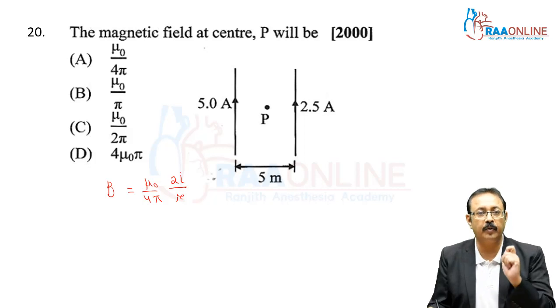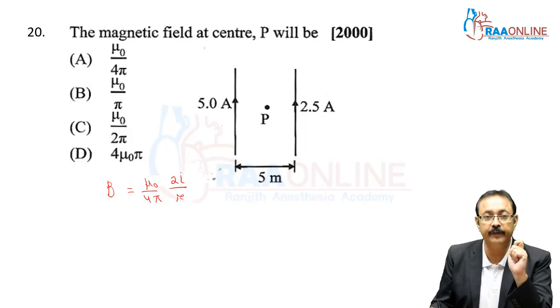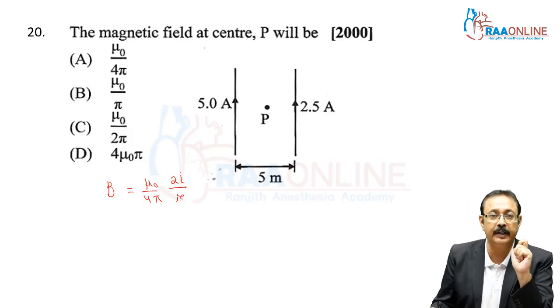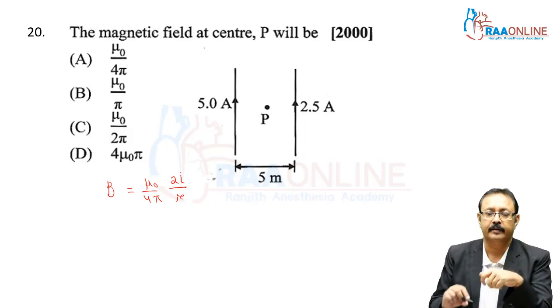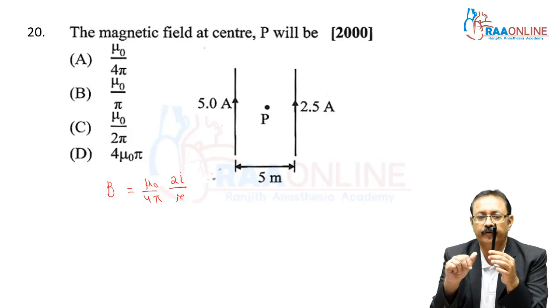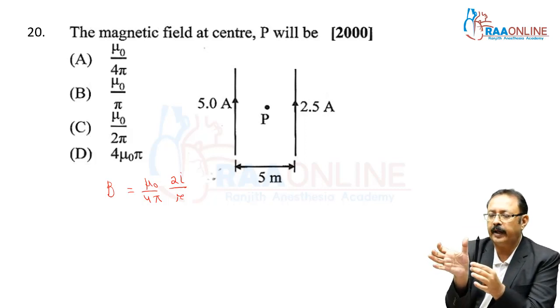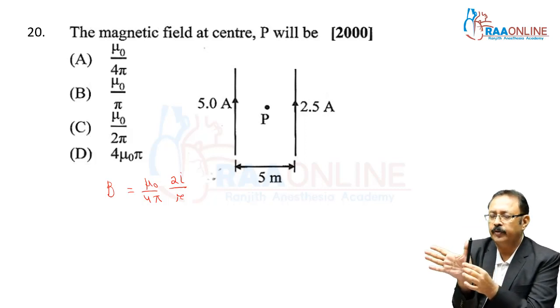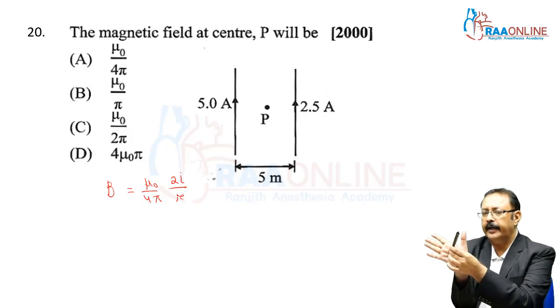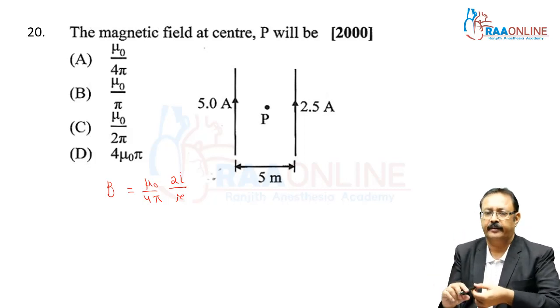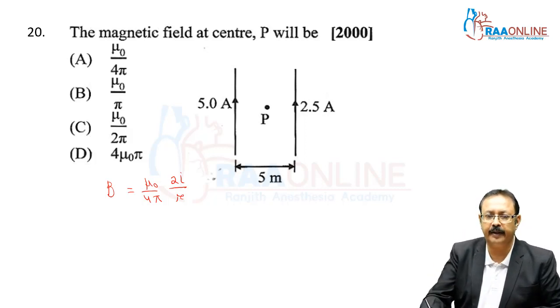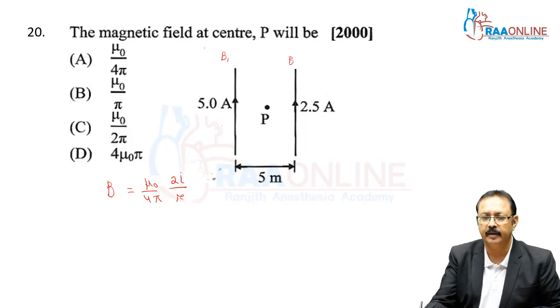So we have to calculate both magnetic fields with direction because field is a vector quantity. Otherwise tough to add. First I am talking about 5 ampere. Put your right hand thumb. So what are you getting? Magnetic field inward. So B1 I am taking to this and B2 to this.